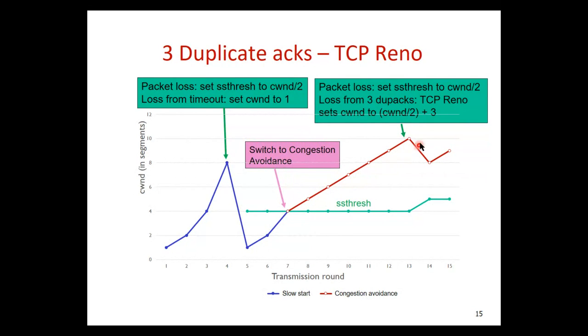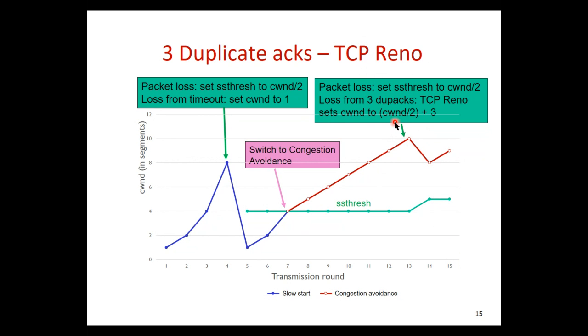But here, because we have TCP Reno, and we assume that the loss is caused by 3 duplicate ACKs, TCP Reno will reduce the CWND, but not as drastically as setting it back to 1. Not always, if it's TCP Reno. You can see here, right? This packet loss does not make the CWND go back to 1.